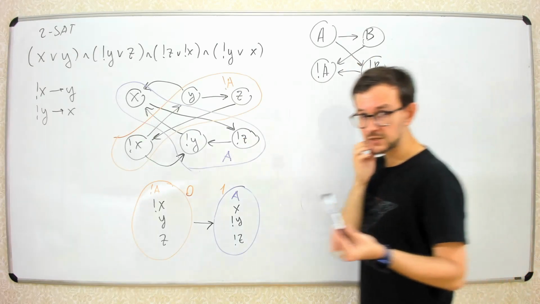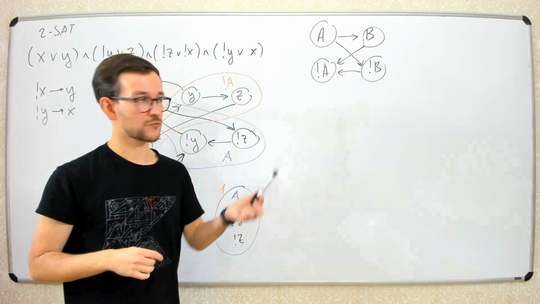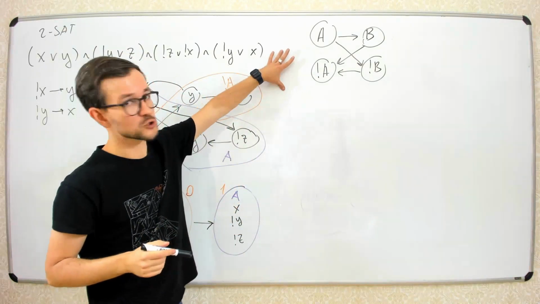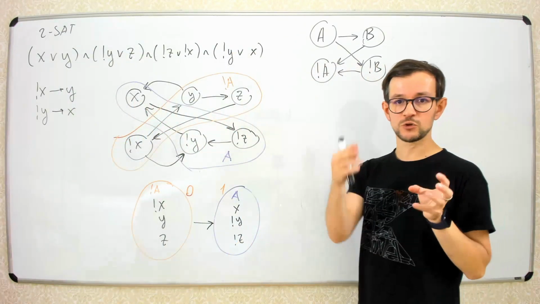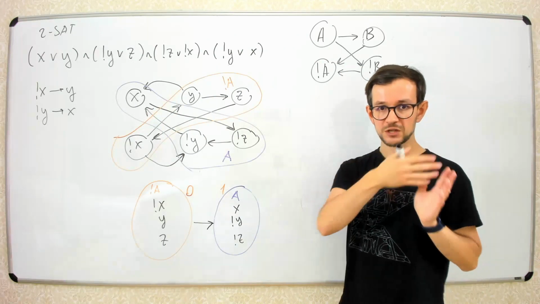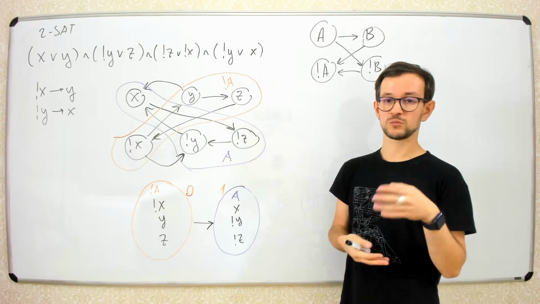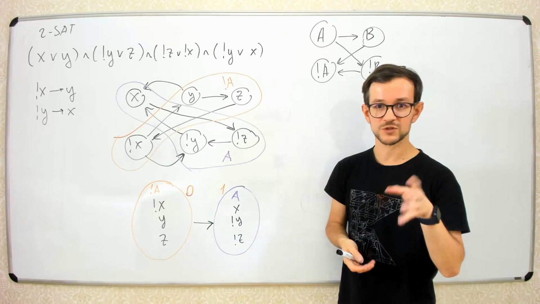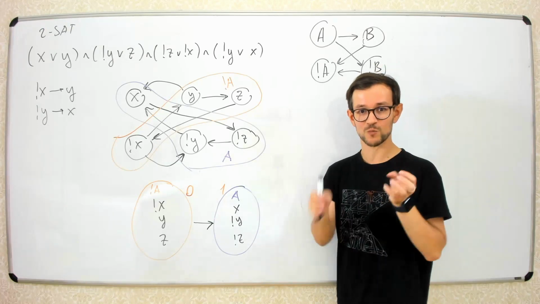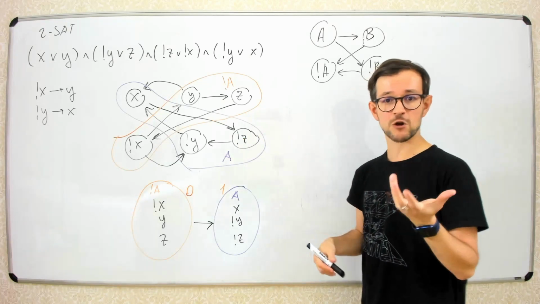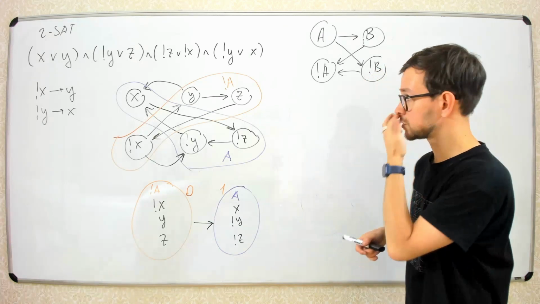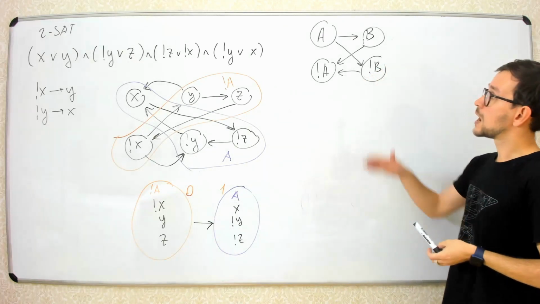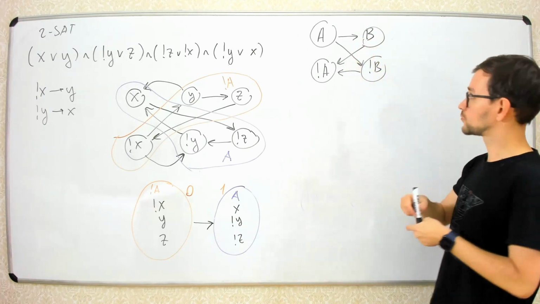What you will do next is build a topological ordering for this graph. So we just run the top sort algorithm. Actually, if you run the Kosaraju algorithm, it will give you strongly connected components in topological order. So you don't need to run a third depth first search to make a topological ordering. So you can just use this. So you make a topological sort for this graph, for example.